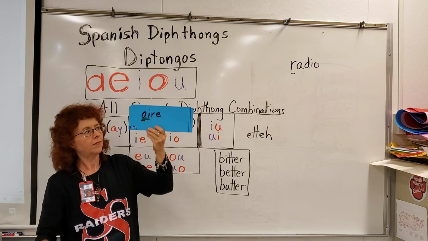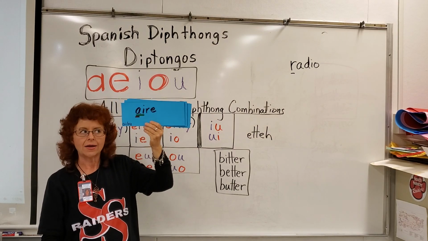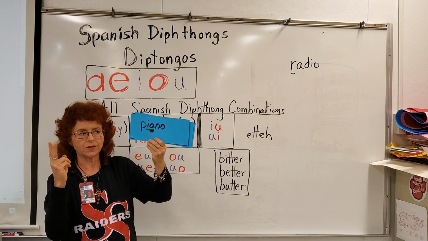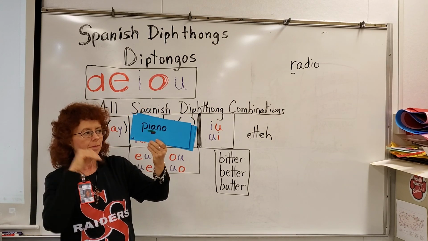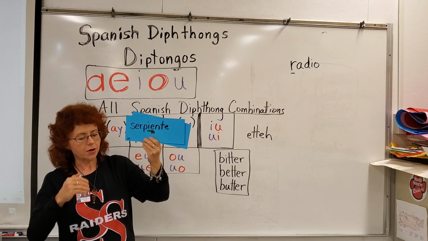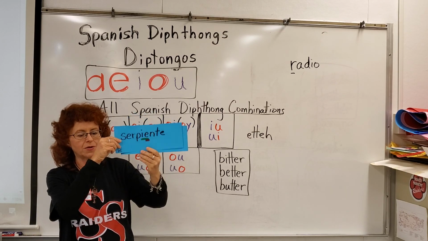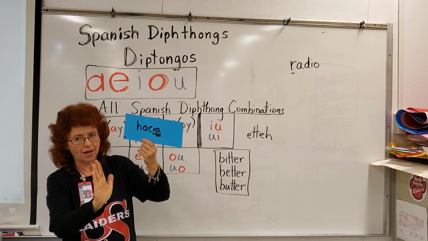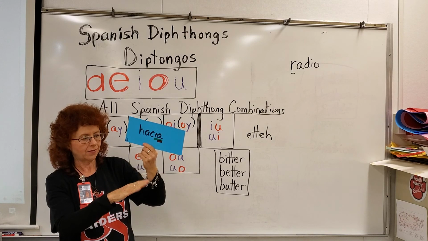Tierra. Aire. Piano. 2 syllables, not piano like in English 3, but piano. 2 syllables. Serpiente. Okay, 3 syllables, and last but not least, Asia. 2 syllables. Asia. Okay, Asia.